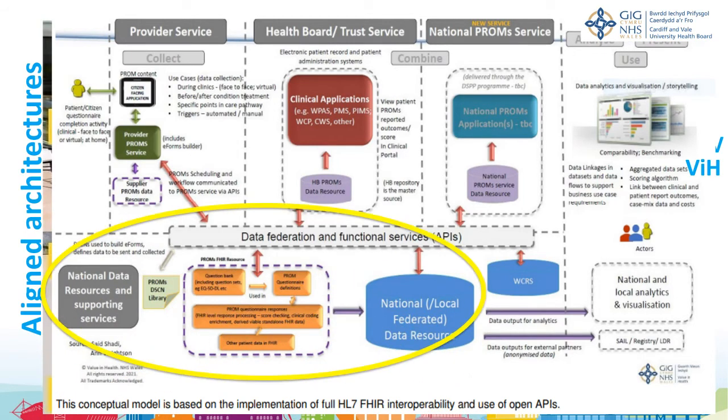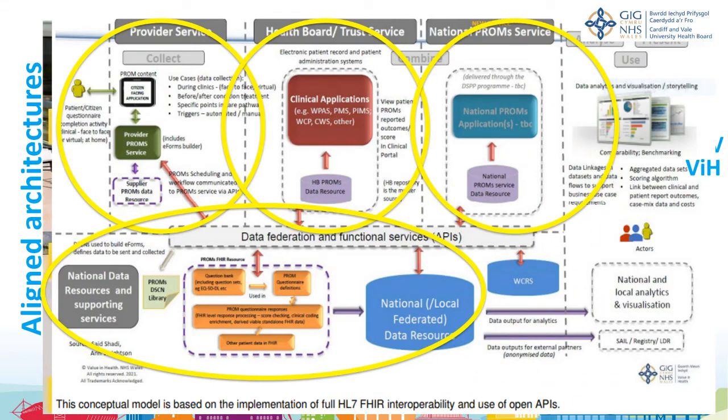Here you can see in this ellipse the shared data. So here you can see the data being pooled, the national data resource. You can click again. Here's the patient informing that data pool by providing information, but also receiving content. Click, and click. So there you are.